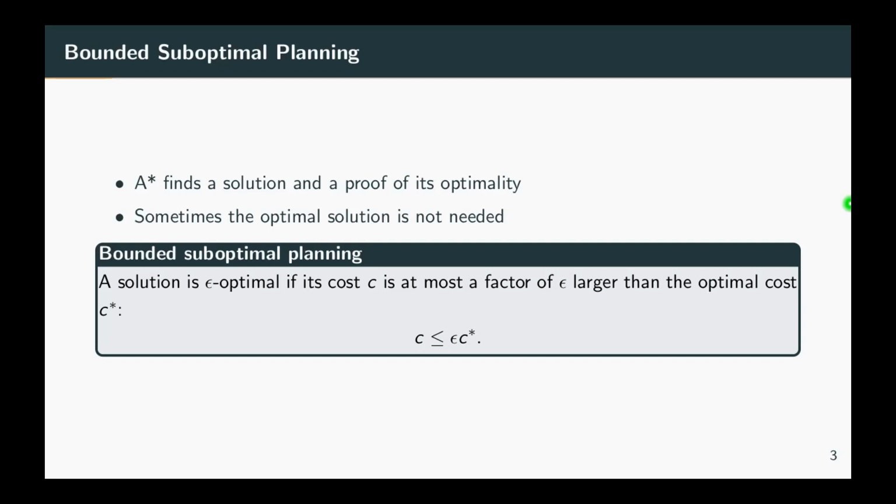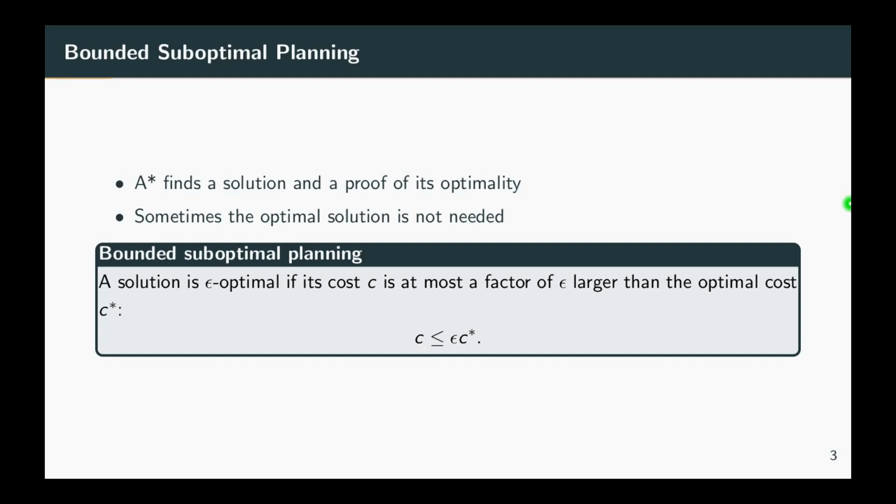And so what A star does is it produces a solution for a certain planning problem, a path planning problem, and it also automatically creates a proof that the solution it found is optimal. But in many cases, we don't care so much about the optimal solution, right? We just prefer maybe to find a solution quicker.